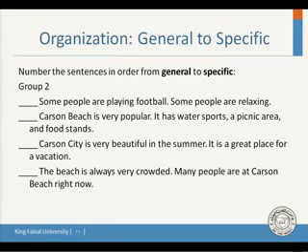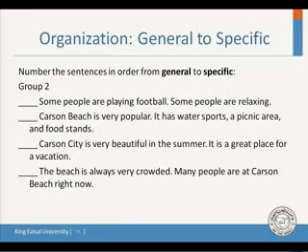Okay, we are talking about a beach. Now, the following sentence, Carson City. We are talking about the city, or the whole city, not the beach. So the city is bigger than the beach, because the beach is in the city.